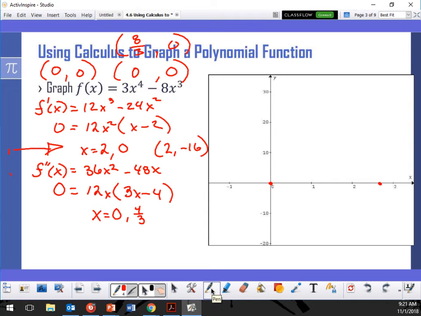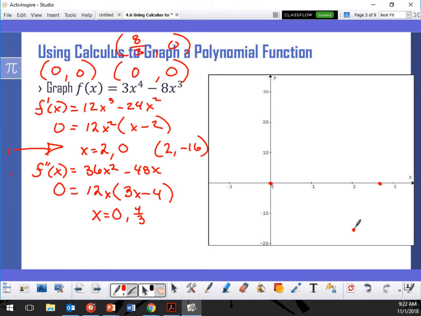Okay, so I have a critical point, 2, negative 16. So on my graph, 2, negative 16, right about here. So what do you think that's going to end up being? Probably a min, right? Yeah, that's going to be a min there. And I have changes in inflection here.